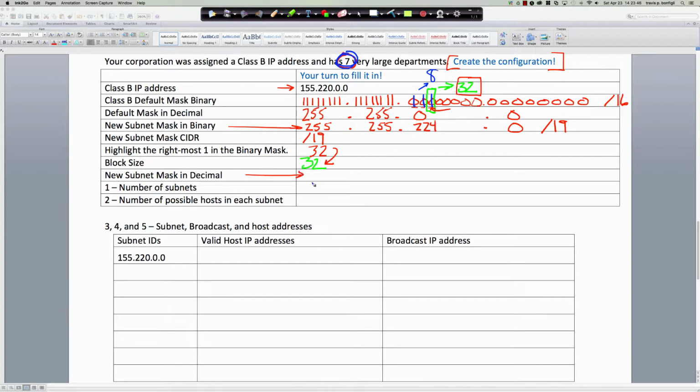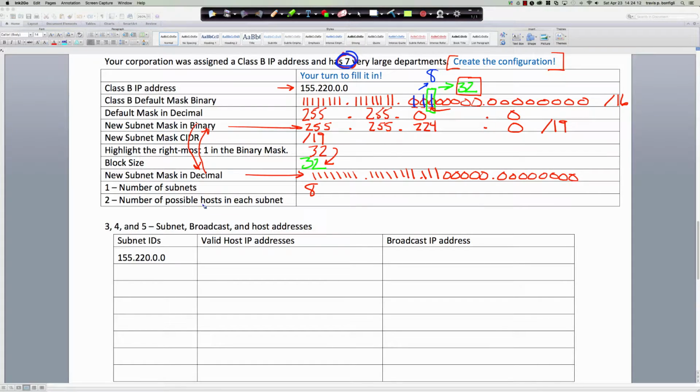We'll do the binary here: 8 bits dot 8 bits dot 3 ones and five zeros, and remember, we're reversing these here, dot 8 zeros. All right, so number of subnets, we know that it's 8.